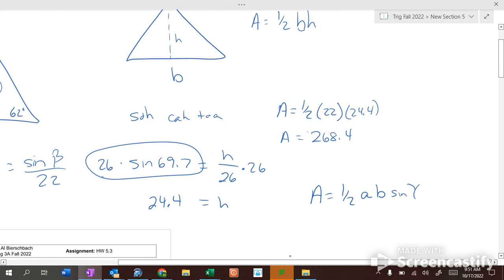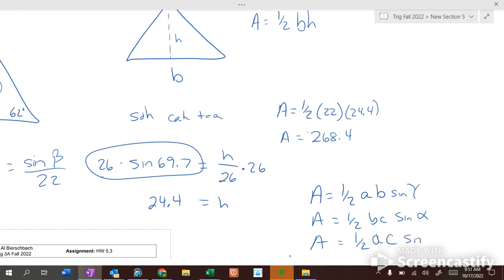So the area is 1/2 AB sine gamma, or area is 1/2 BC sine alpha, or the area is 1/2 AC sine beta. Here are 3 simple area formulas. If you're not given the height, that's how you find the area. So we've simplified the process compared to the way Andrew brought us through it, which was an excellent way of doing it. Thank you, Andrew.